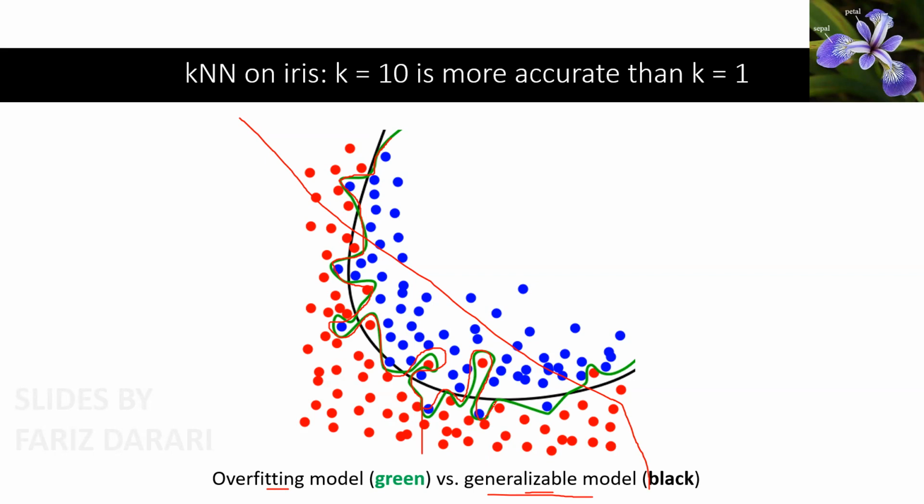So it's generalizable, and it's not fitting too much over the noise, but it still follows the general, the major pattern of the data set, and that's why it's good, right? It's like when you wear clothes that are just perfect, not too loose, not too tight. That's the generalizable model.